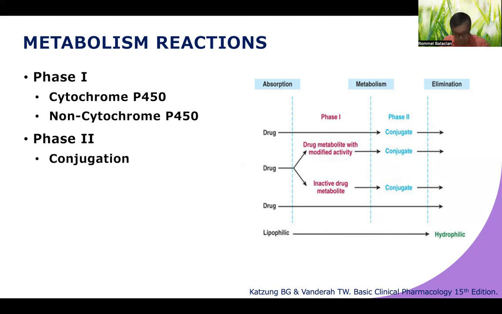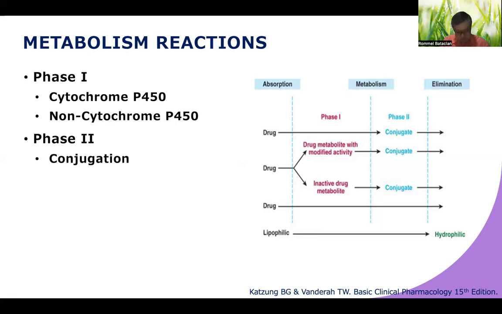In general, all of these reactions can be assigned to two major categories, the phase 1 and the phase 2 reactions. The phase 1 reactions usually convert the parent drug, as you can see here, to a more polar metabolite, either by introducing or unmasking a functional group, such as a hydroxyl, amine, or sulfhydryl.